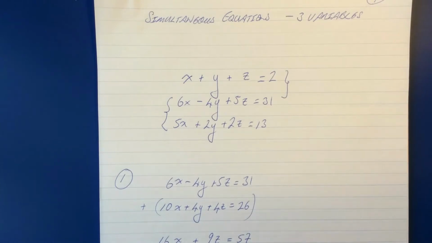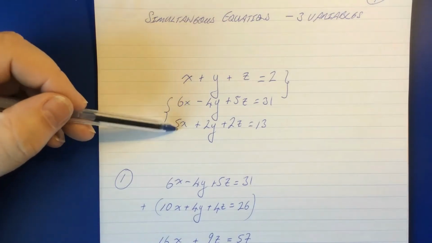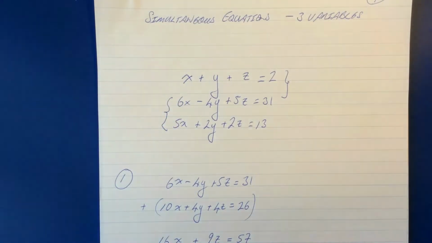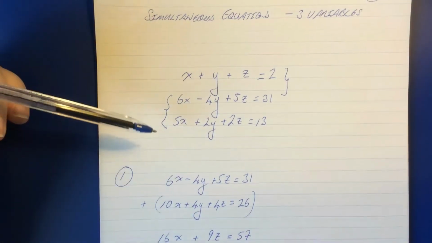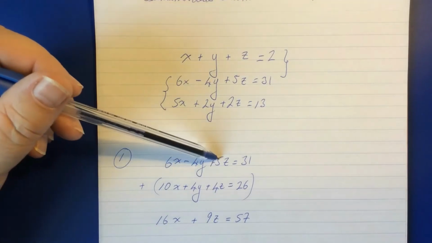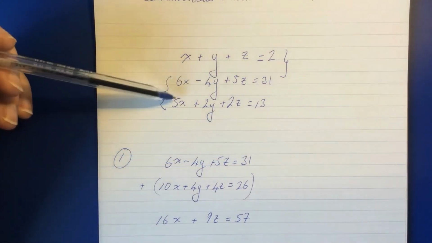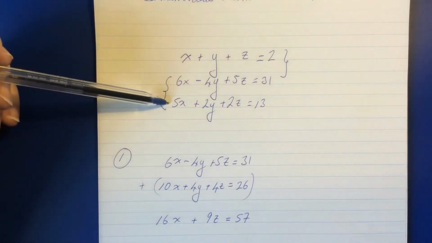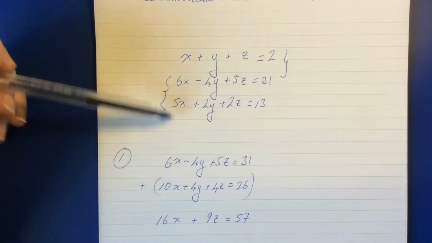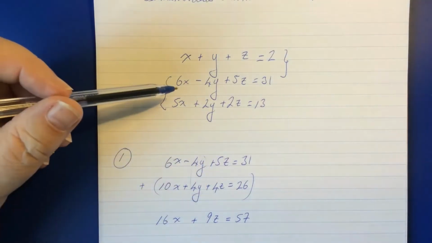And what I am going to do is deal with these two equations first. This is how you do it. You do this in parts. And you can see what I've done down here. I've kept 6x minus 4y plus 5z equals 31. And I've multiplied this equation here by 2 in order to eliminate the y's.